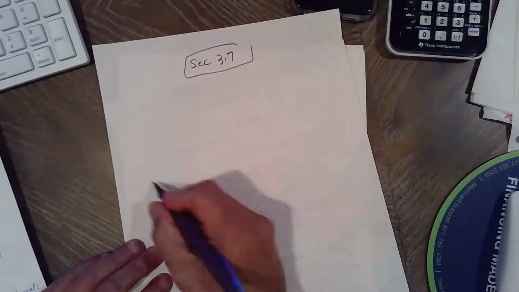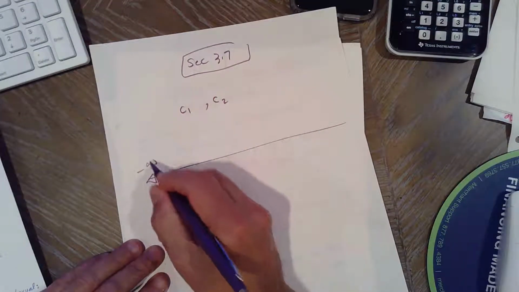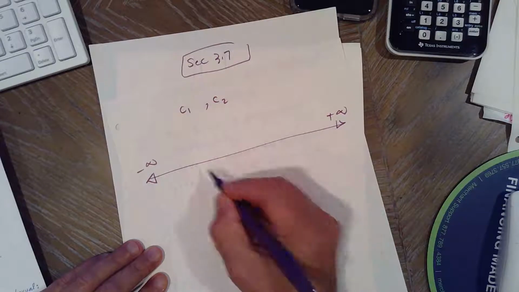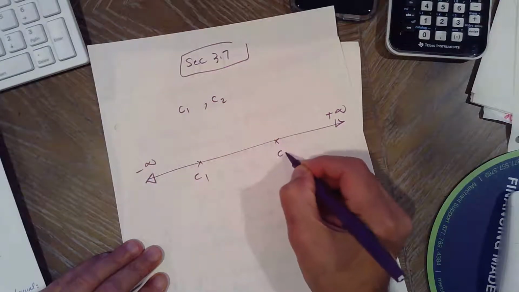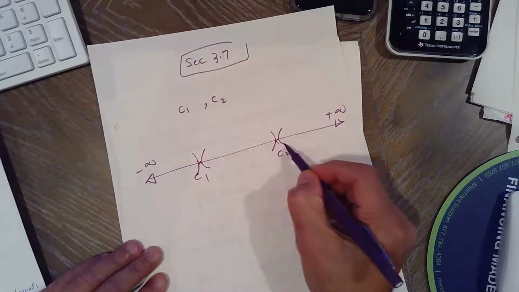So basically you get, say, two critical values, C1, C2. The number line is from negative infinity to infinity. Put C1, C2. Then there's the interval from negative infinity to C1, C1 to C2, C2 to infinity.